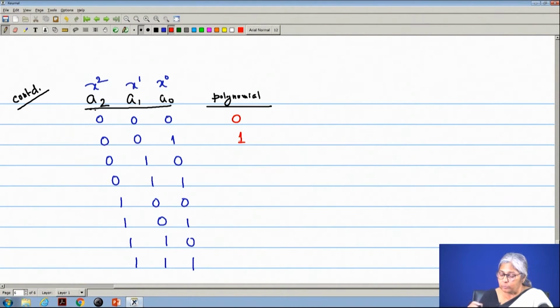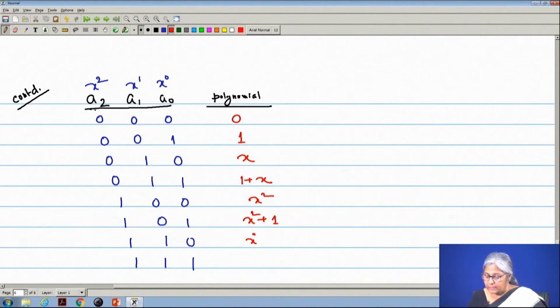So, this is polynomial 1. Since it is only 1, so x, this is x, this is 1 plus x, this is x square, this is x square plus 1, this is x square plus x and this is x square plus x plus 1.